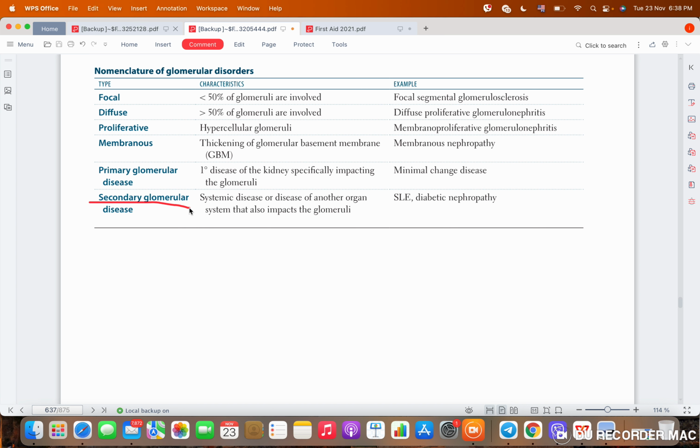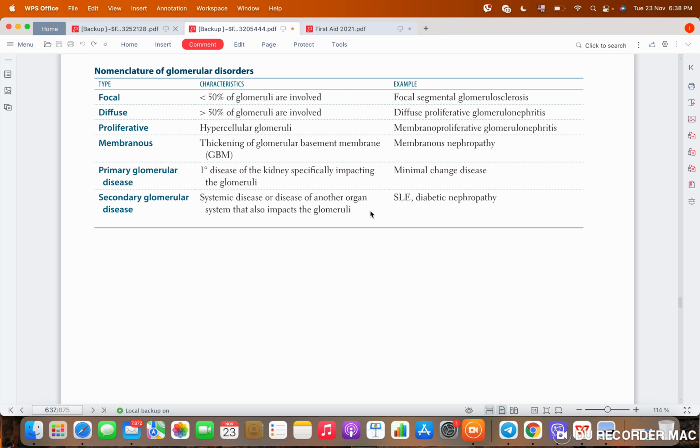Secondary glomerular disease means some extrinsic form of pathology is causing dysfunction of the kidney, but the primary pathology is not in the kidney. For example, systemic disease or disease of other organ systems that are impacting the glomeruli. For example, lupus.